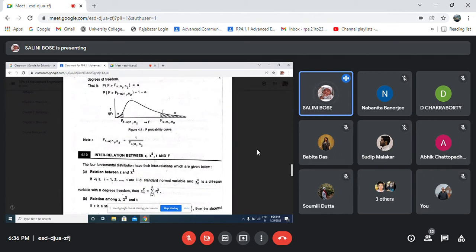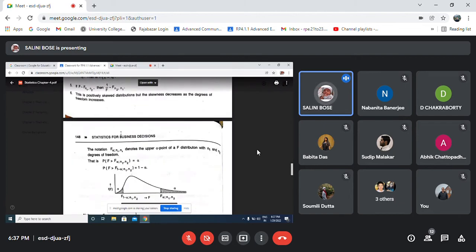Clear? And this is F alpha n1 comma n2, the critical point of the F distribution, and on the other side this is F 1 minus alpha n1 comma n2. This part alpha is the rejected part, and this is the accepted part.